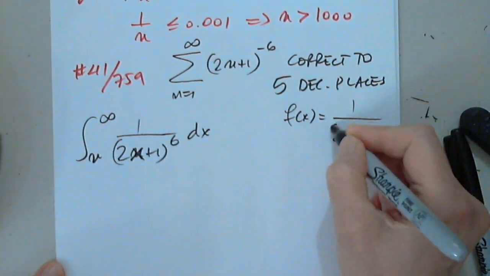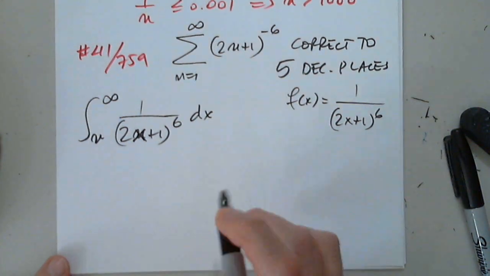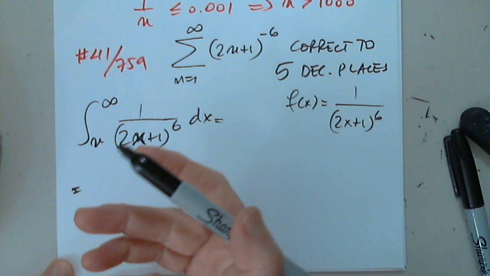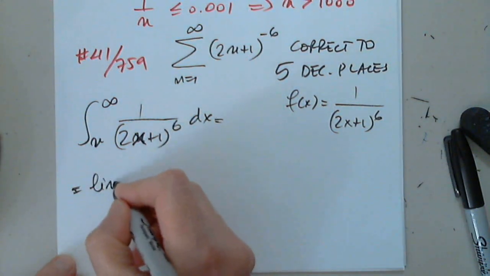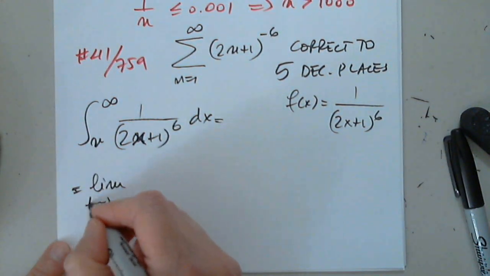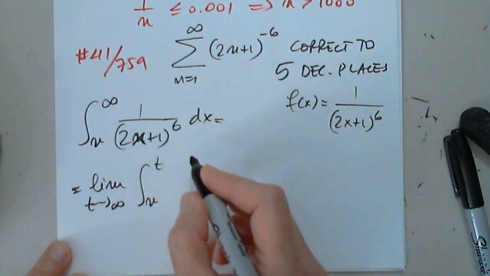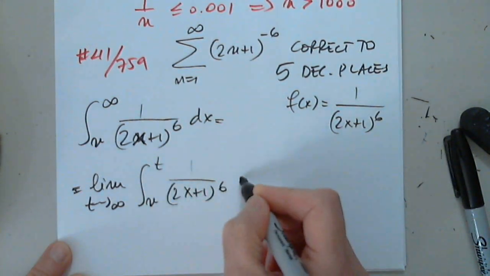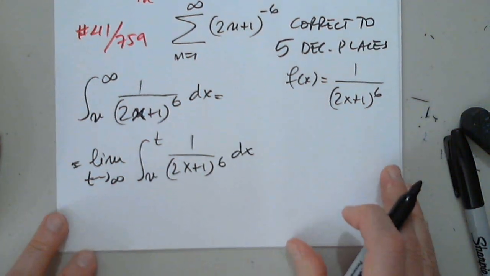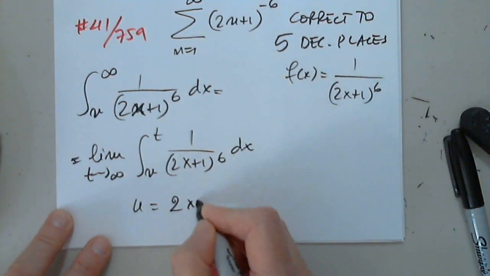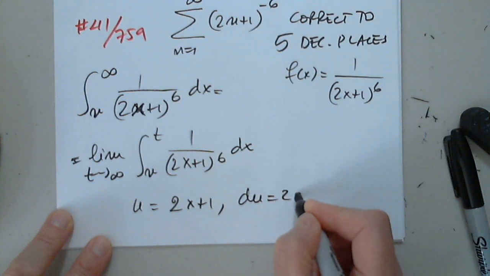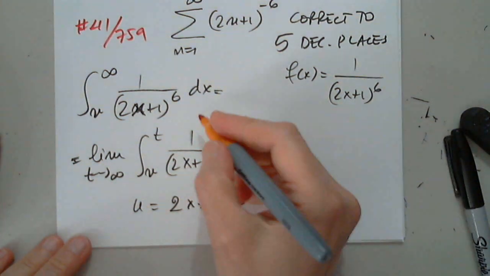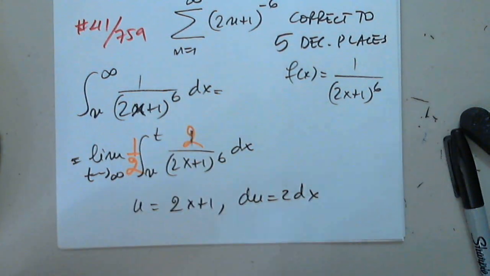First I change the improper integral into a limit: limit as t approaches infinity, n to t, 1 over (2x plus 1) to the 6th dx. I'm going to use a substitution, u equals 2x plus 1, du equals 2 dx. You know the trick. So 1/2.